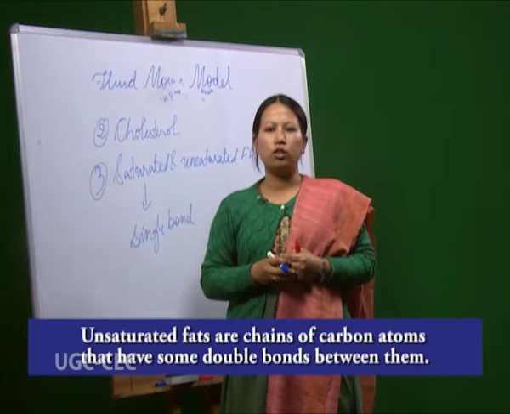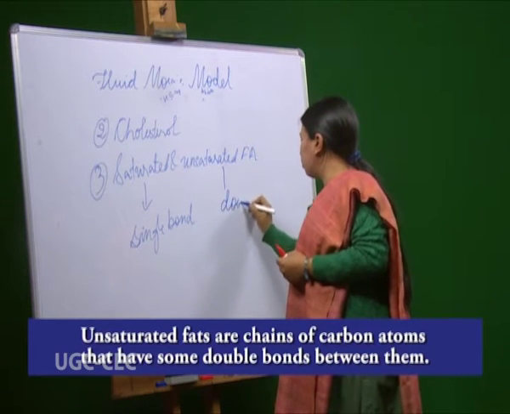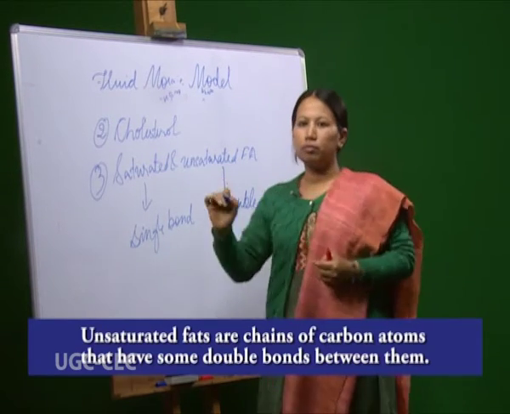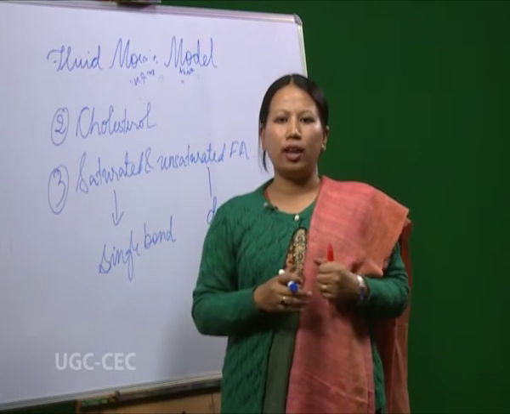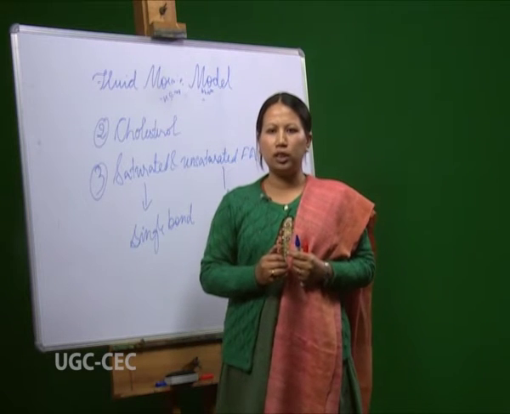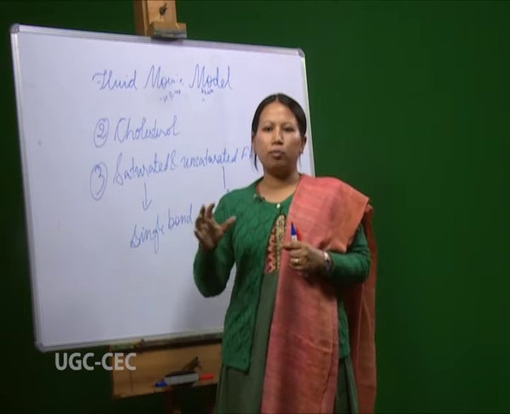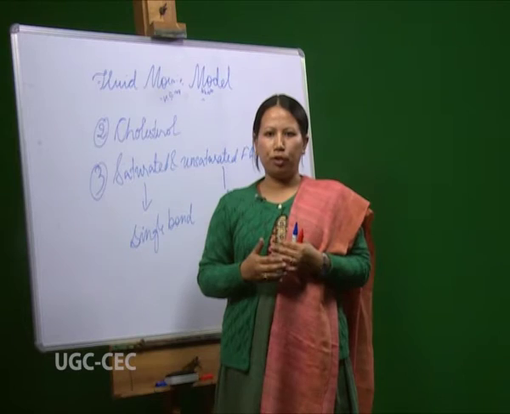Unsaturated fats are chains of carbon atoms that have double bonds. Double bonds create twists in the chains, making them not as easy to pack tightly. This plays a role in membrane fluidity because the twists increase the space in between the phospholipids, making them harder to freeze at low temperature.